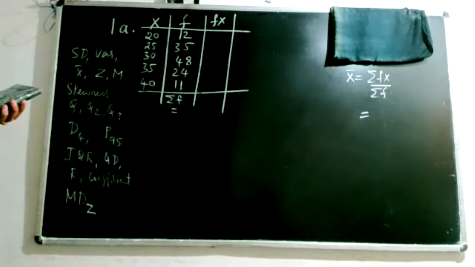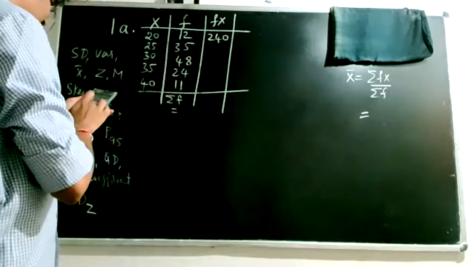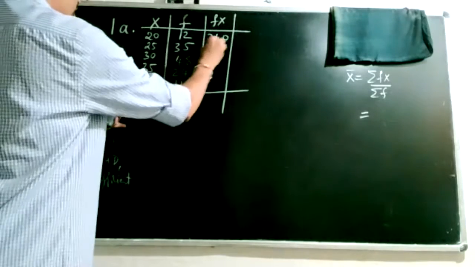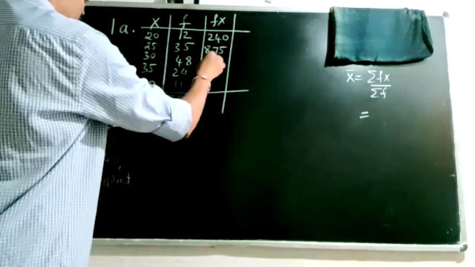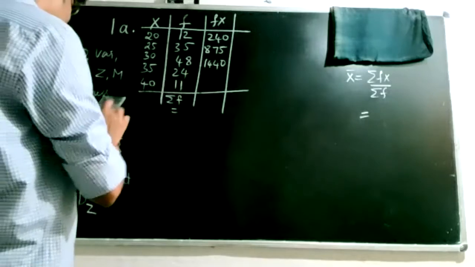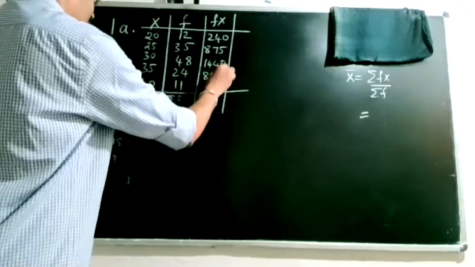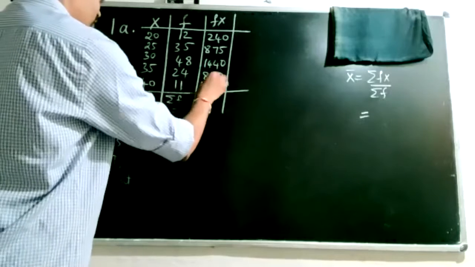So I have 20 into 12 is 240, 25 into 35 is 875, 48 into 30 is 1440, then 24 into 35 is 840, and 40 into 11 is 440.